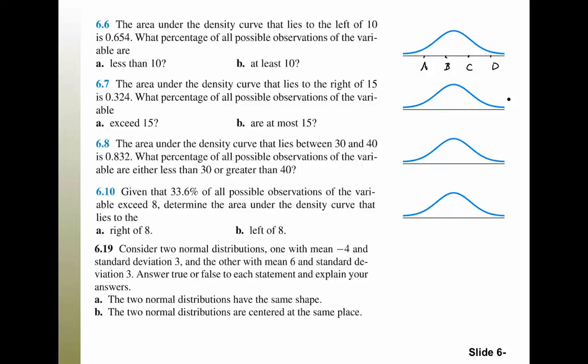It could be between, so you could say between B and C, or to the right of D, or to the left of A. Doesn't have to be one of those four.